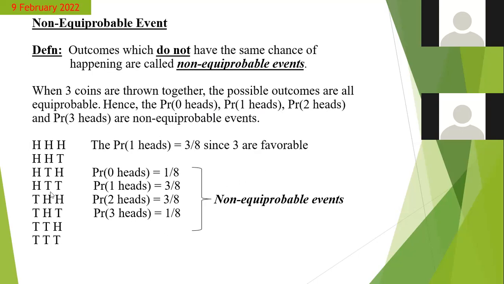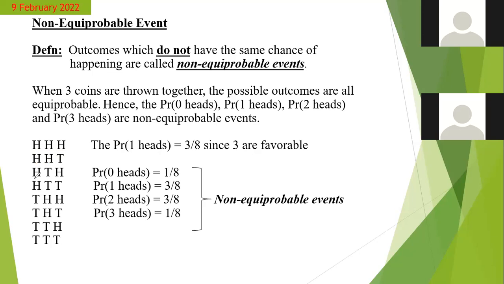Now, if you look at this diagram here, these are all the possible ways that you can get the coins when you toss them all together. So if you throw up all the coins together, you could get 3 heads. So that's one possibility. You could get 2 heads and 1 tail. That's another possibility.